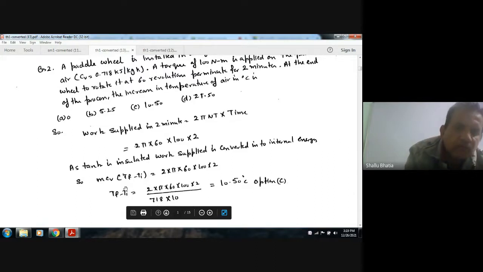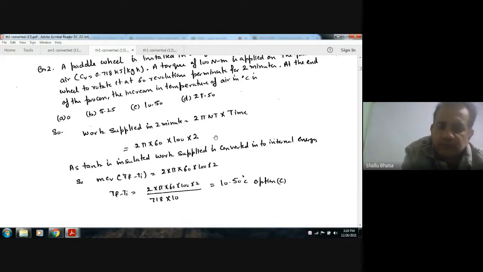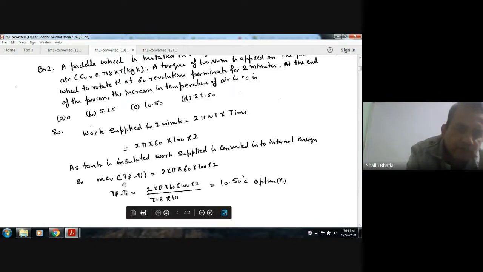Or we can apply the first law as dQ = dW + dU, taking dW as negative because work is done on the system, and then find the change in internal energy and the final temperature. But here we have considered that the work supplied to the system will increase internal energy because no other energy transfer takes place.